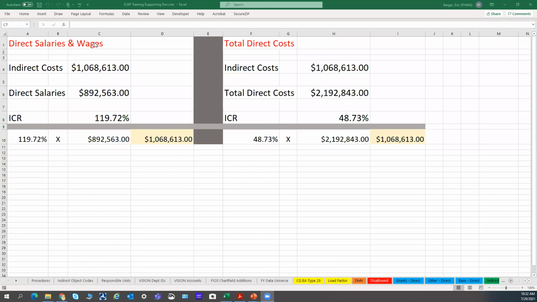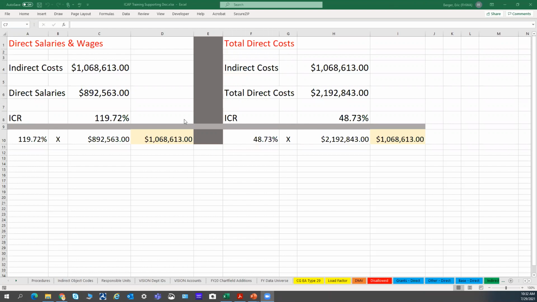A lot of times, in developing this class and presenting it to other DOTs, we've heard, well, our percent is 200% or 205%. We've seen them even higher than that. And some other individuals might shake their head and say, wow, how does that happen?